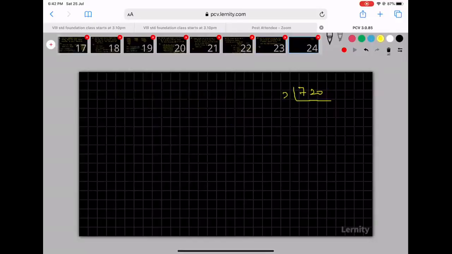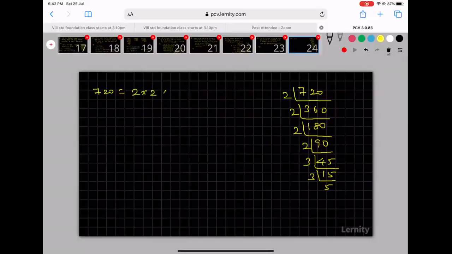If I divide with 2 I will get 360, and divide with 2 I will get 180, and divide with 2 I will get 90, and divide with 2 I will get 45, and divide with 3 I will get 15, and again 3 means 5. Now you see 720 can be written as 2 into 2 into 2 into 2 and 3 into 3 into 5.